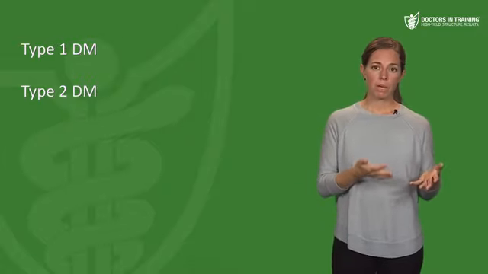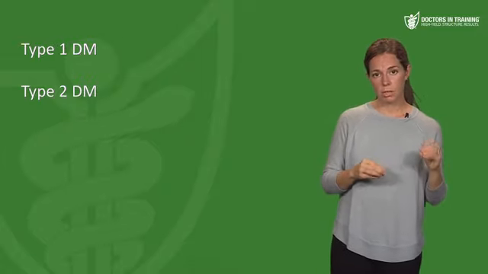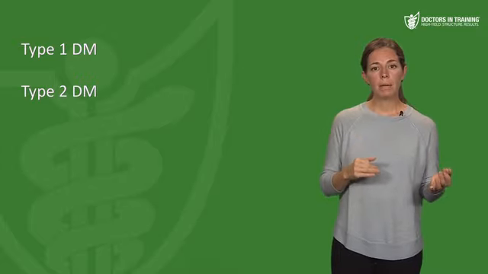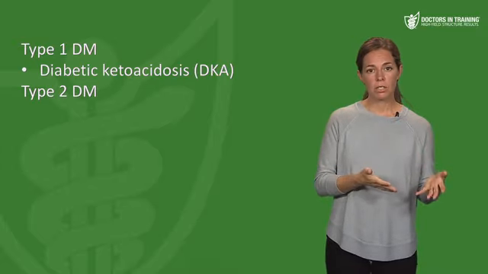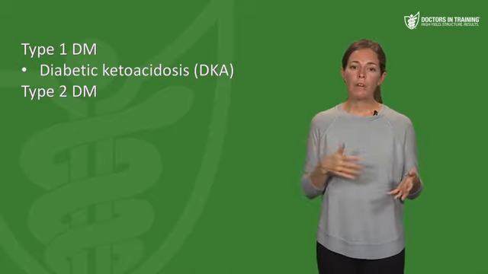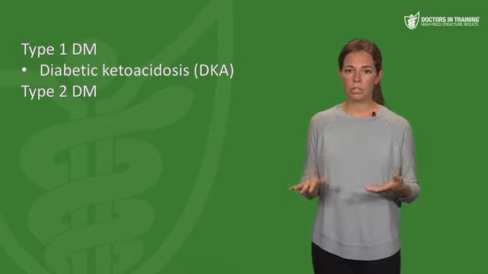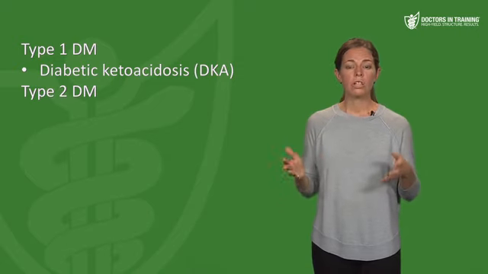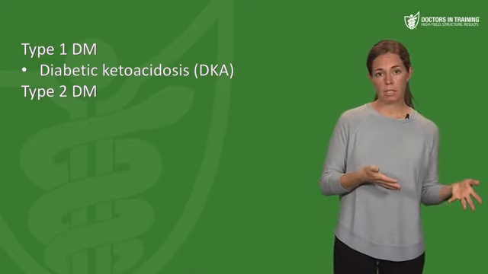And first I want to make a point about the emergencies potentially associated with each type. So patients with type 1 diabetes can get diabetic ketoacidosis, or DKA, and we're going to talk about DKA in detail in the next video. But for now, just remember that although there are ketosis-prone type 2 diabetes patients, generally it's associated with type 1 diabetes.